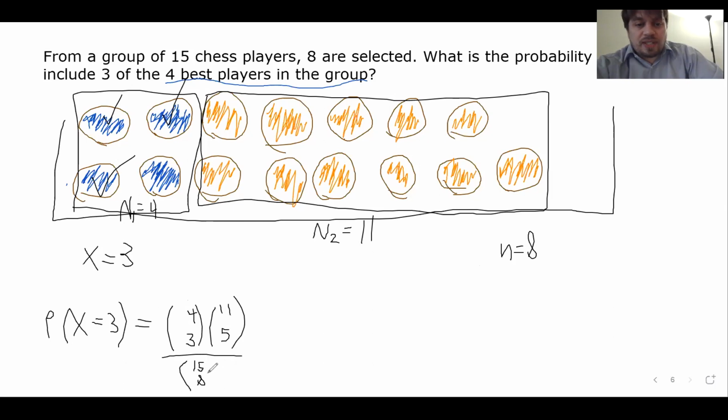So that's divided by 15C8. Okay, and so that's that, and then you compute it, right? And we got the number before. I don't want to write the number here because the point here is to visualize how this quantity, this fraction, numerator and denominator, is expressing what's happening in this problem.